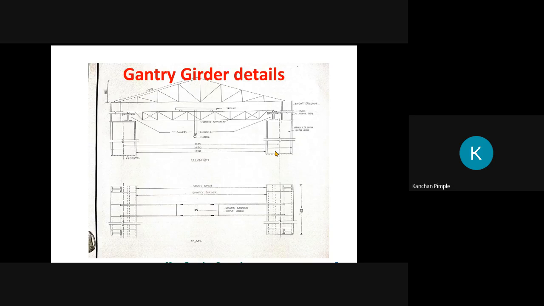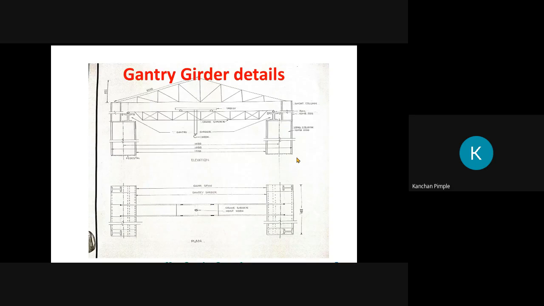Yes. Do you remember column with bracket? Yes, madam. Yes, the gantry girder can be supported by a bracket which is attached to the column, or the column is enlarged. Instead of that, the third way is that separate columns are provided.